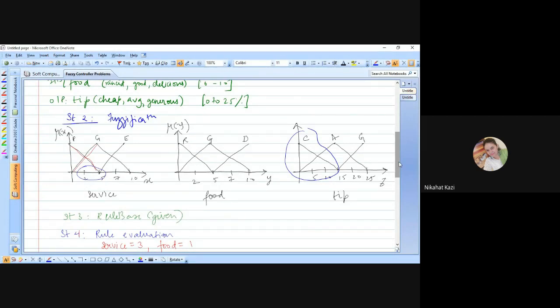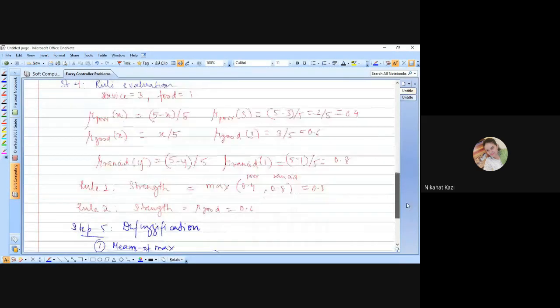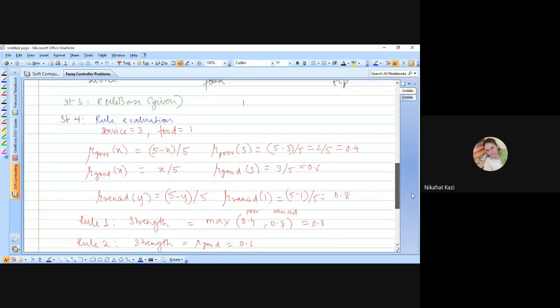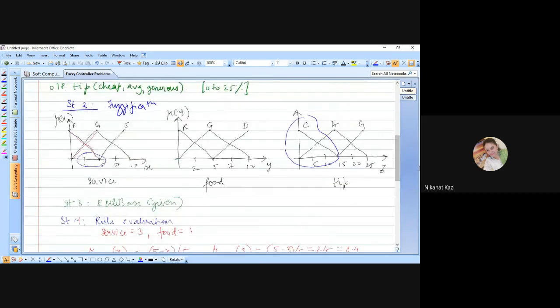Service is poor to what extent? It is 0.4, right? And somewhere here, 3 will be somewhere here, right? This extent. So food is rancid to what extent? Its food value was 0.8, right? And then what did we do? We were plotting it here.